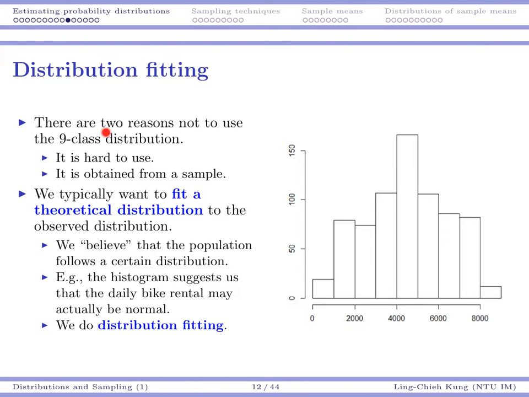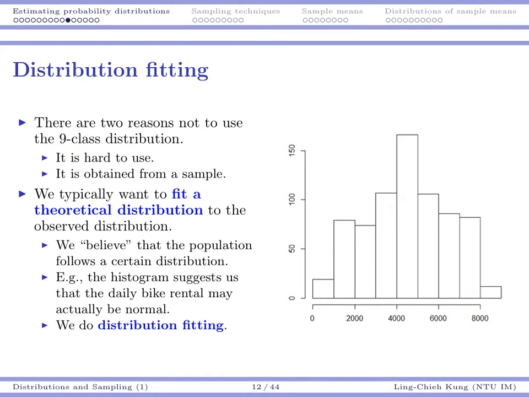There are at least two reasons that we don't want to use that 9-class distribution. First, the calculation is actually not very easy. Okay, we cannot have a simple formula that directly gives us a number given a particular level that we are interested in. Or we cannot use functions or Excel functions to do it very quickly. So that's one thing.